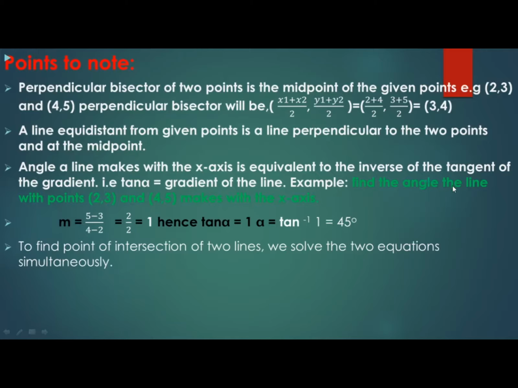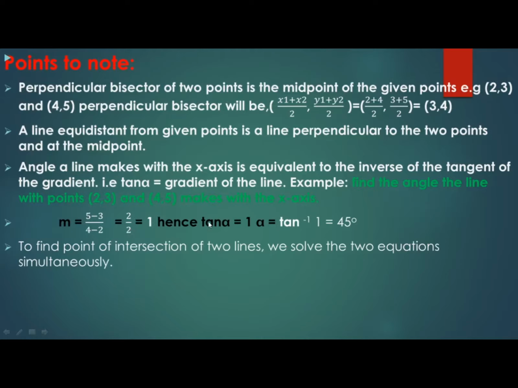As an example, if we are given the points (2,3) and (4,5) as the line, and we want to find the angle this line makes with the x-axis, first of all we need to find the gradient, which is (5 minus 3) over (4 minus 2), that is 2 over 2, which is 1.